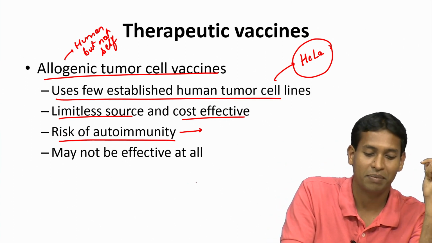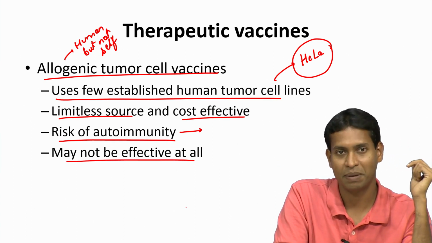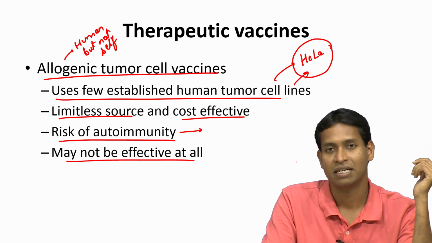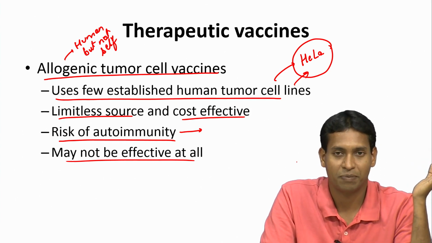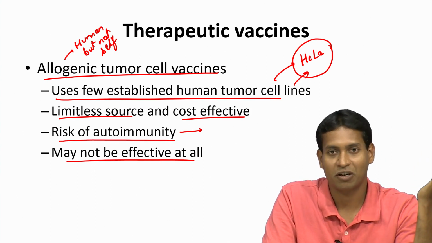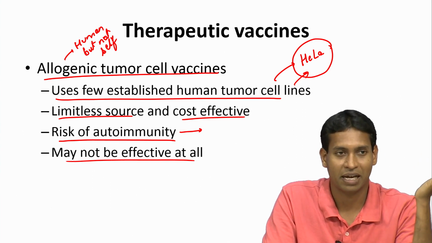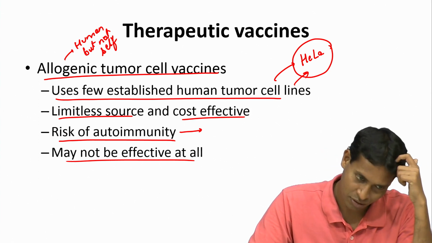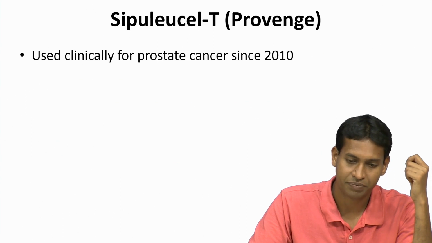And then the other problem is they may not be effective at all. So, maybe the tumor that I got is very different from the tumor that is present in these cell lines. So, maybe it is not the same mutation, this mutation does not exist in these cell lines. So, if that is the case, then it may not be effective at all because you are training the immune system against an antigen which is not present in my body. So, those are some of the challenges there.